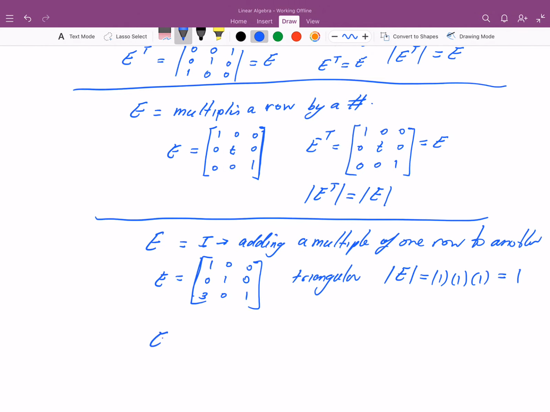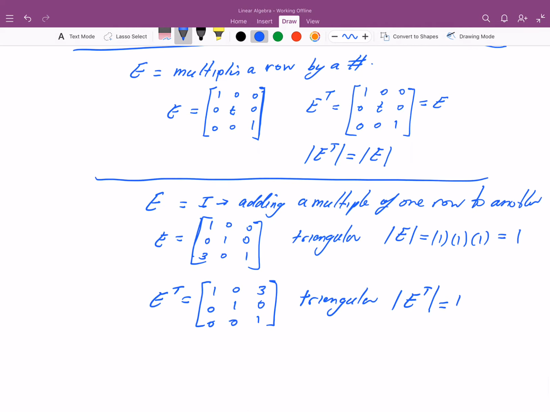Now if I take the transpose of this, it's not the same matrix, but look what happens. The first column becomes a row, the second column becomes a row, and the third column becomes a row. Although the matrices are not equal, this is still triangular, and the diagonal entries are still 1, and so the determinant is 1.